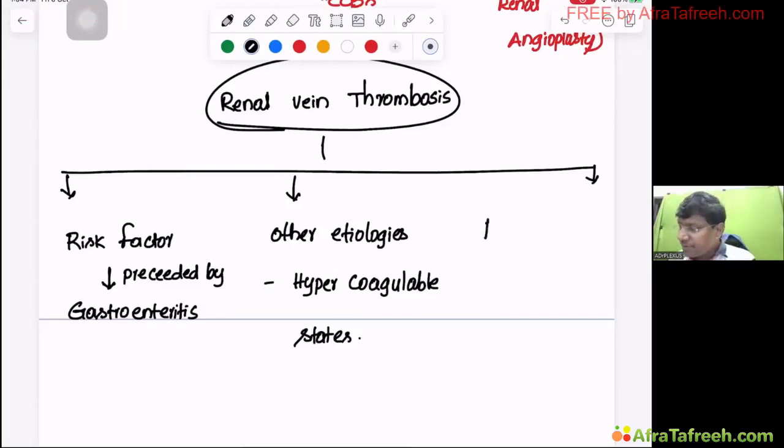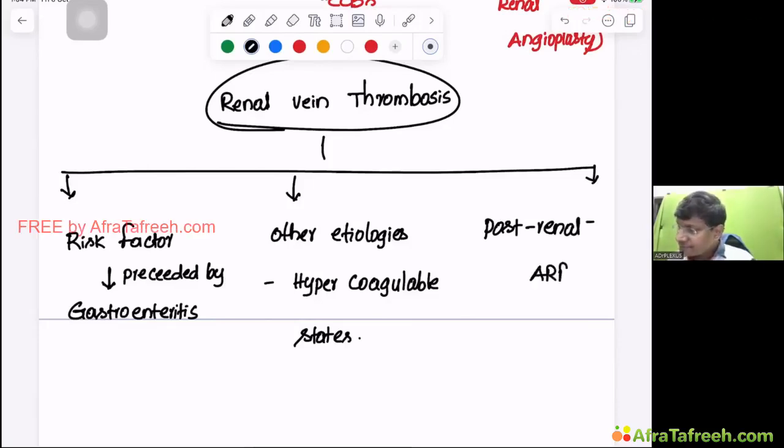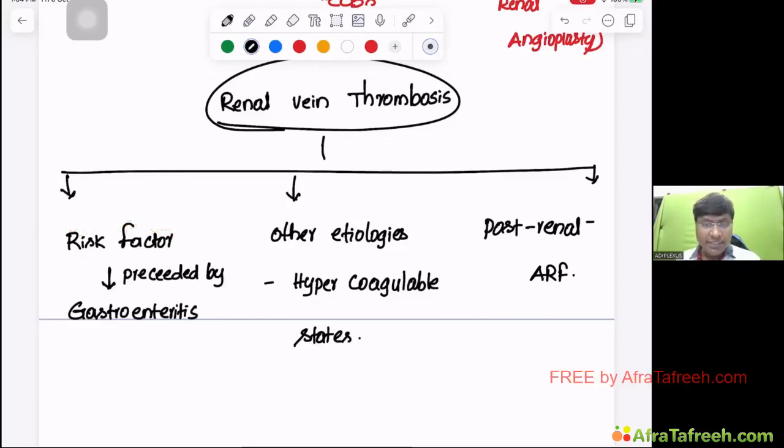And what will be the problem in renal vein thrombosis? They develop a post-renal cause of acute renal failure. And how will the kidneys be in these patients? The patients with renal vein thrombosis have impairment of venous drainage.